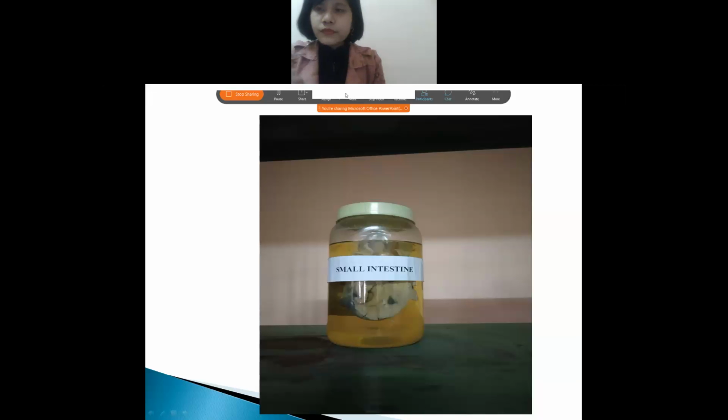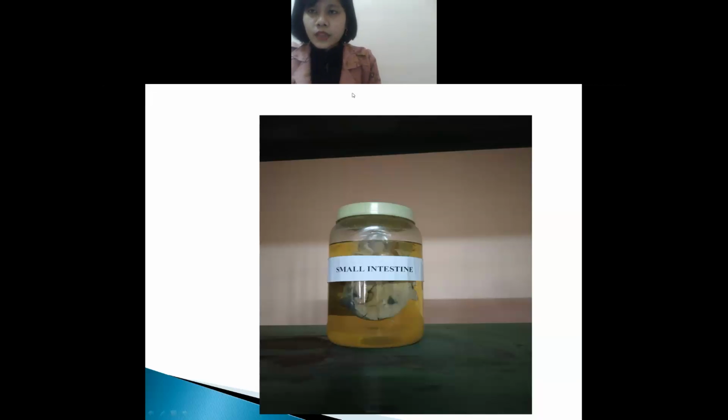Small intestine lies between the stomach and the large intestine, and it receives bile and pancreatic juice through the pancreatic duct to aid in digestion.